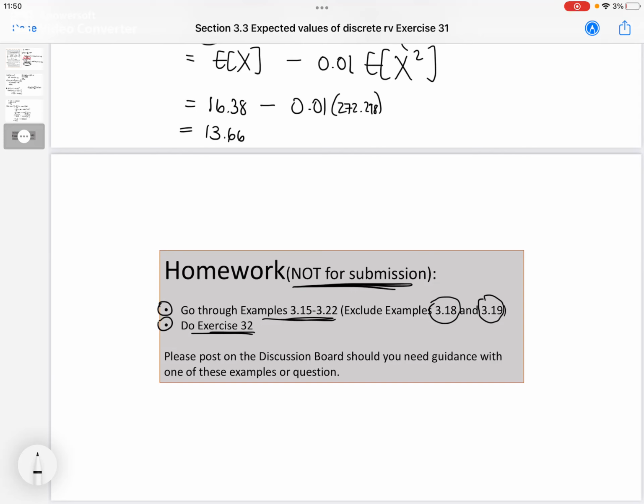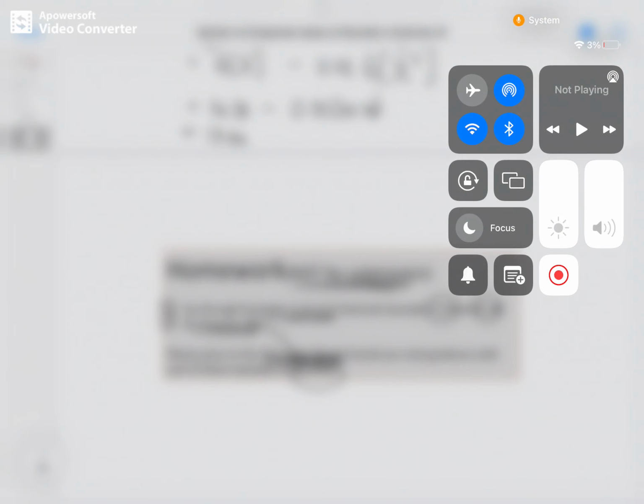All right, so do your homework. It will help you understand the concept much better. All right, and if you do not understand the examples or even the exercise, do post your question under the discussion board. And for this specific exercise, do include your attempt. All right, good.